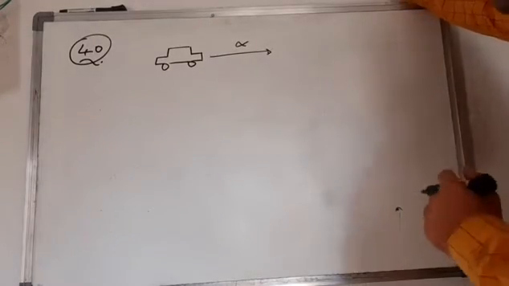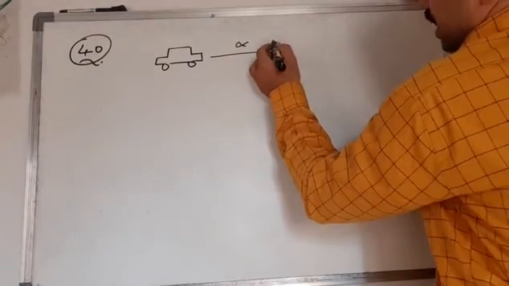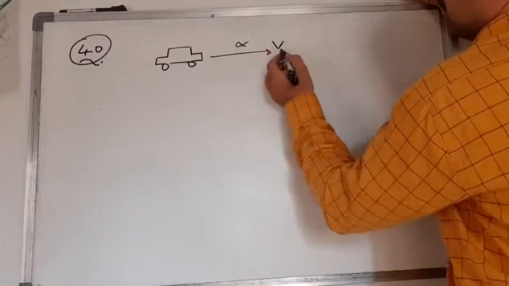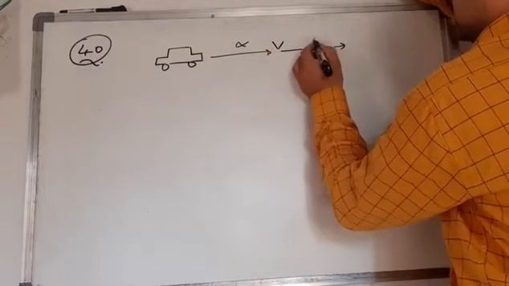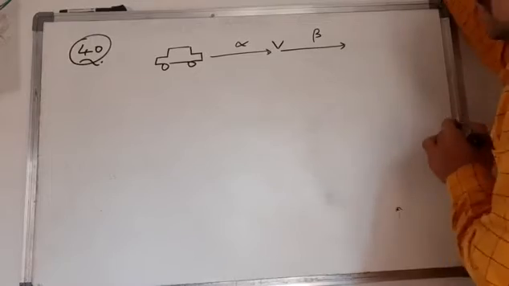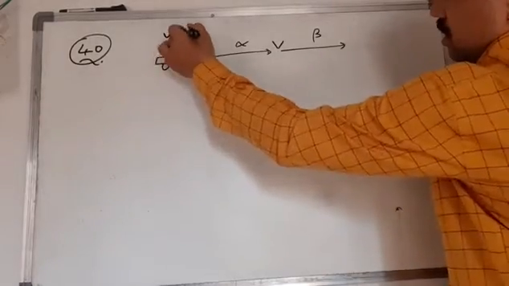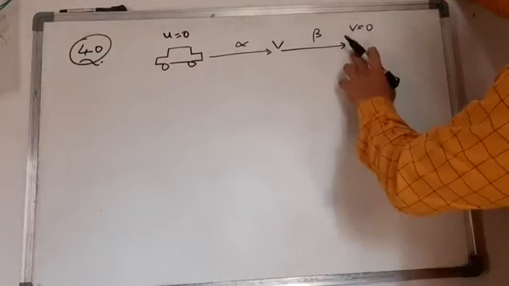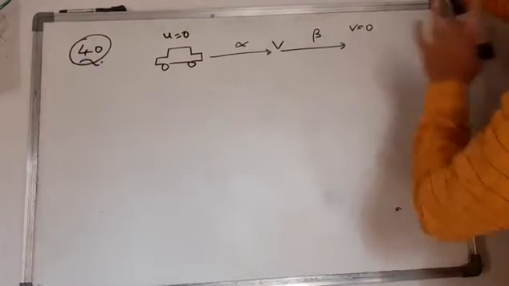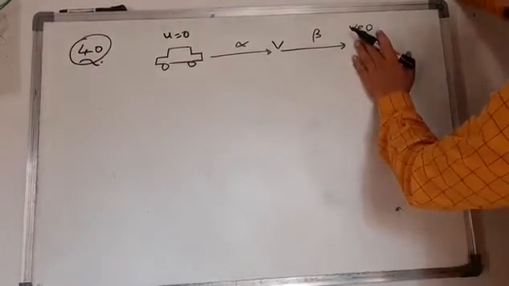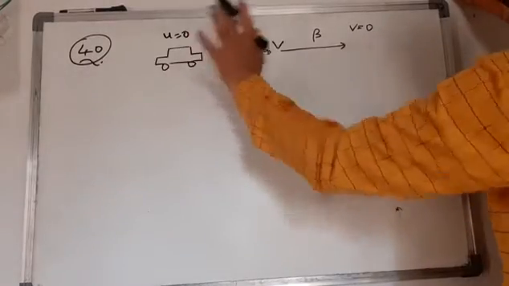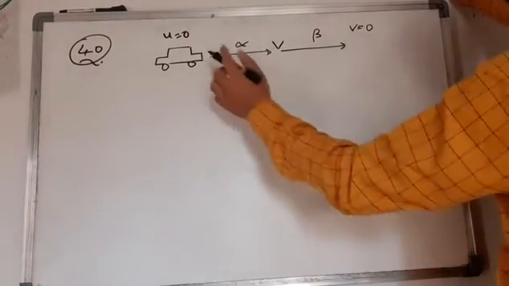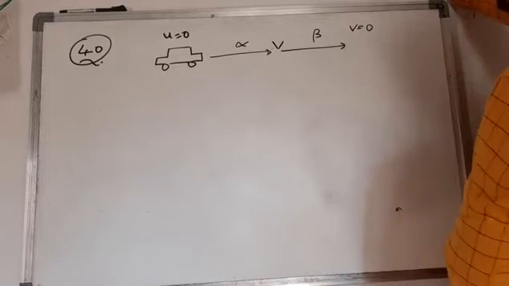After accelerating, it will reach a maximum velocity v. From then onwards again it will decelerate. It starts from rest and again stops at rest. That means its final velocity will be 0 and initial velocity will be 0.